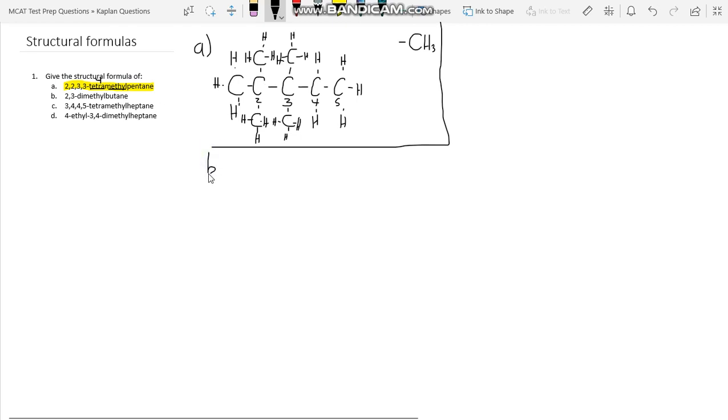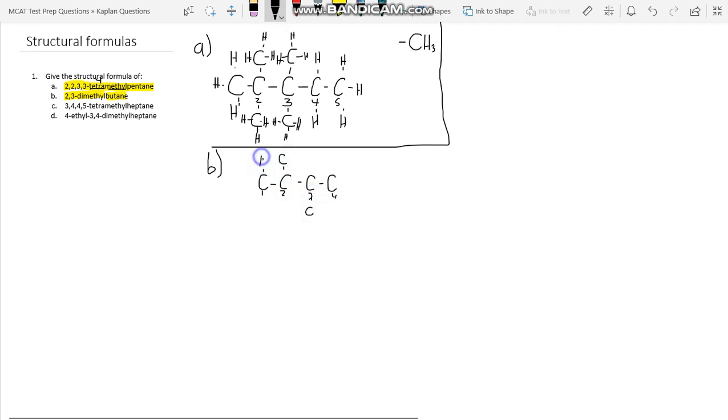So for B, first we look at our root, butane. Our backbone has 4 carbons because but means 4. And dimethyl, so I have 2 methyl groups, 1 on my second carbon and 1 on my third carbon. So 2 and 3.